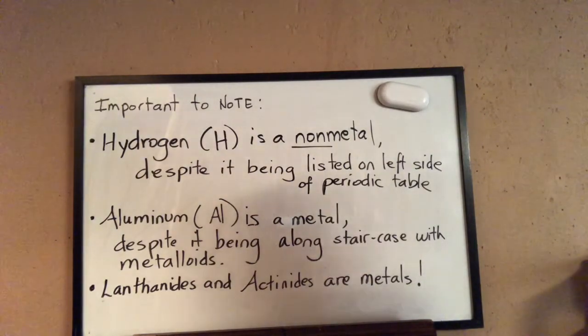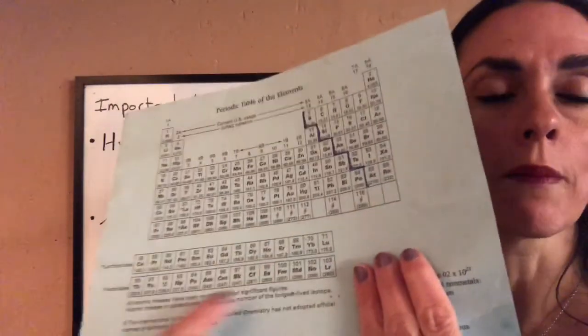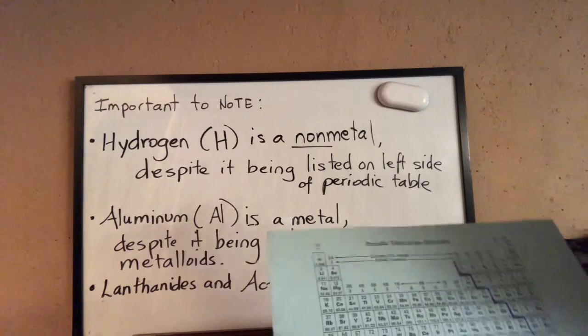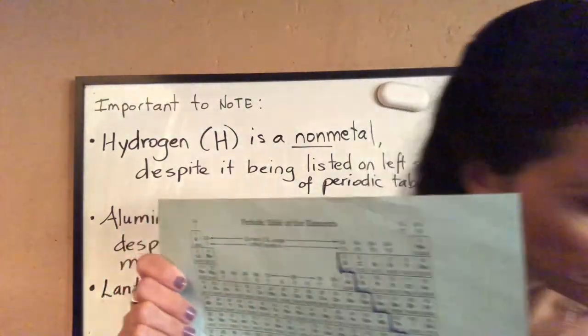And then do not forget that the lanthanides and actinides, which are down here at the bottom, are metals. When you look at any periodic table, there's usually some notation.